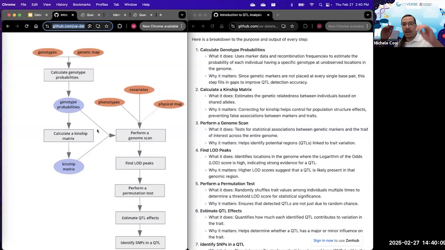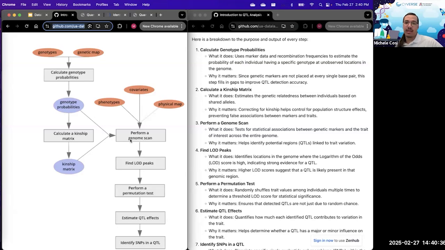You could go ahead and perform a genome scan from here, but this is not suggested. There is something called a kinship matrix that you should also follow through with. A kinship matrix estimates the genetic relatedness between individuals based on shared alleles.